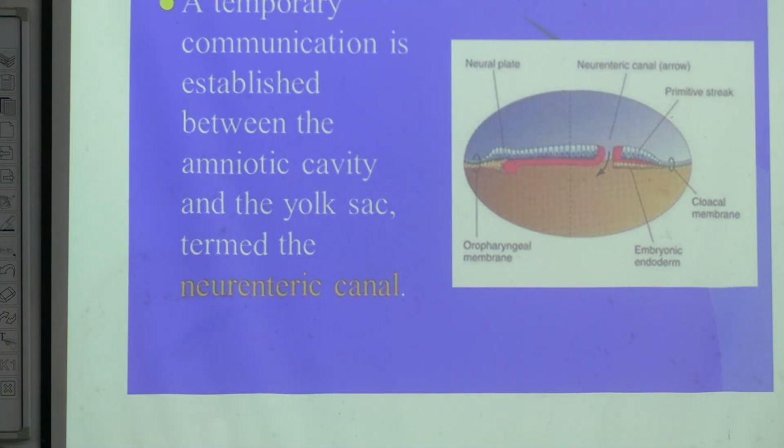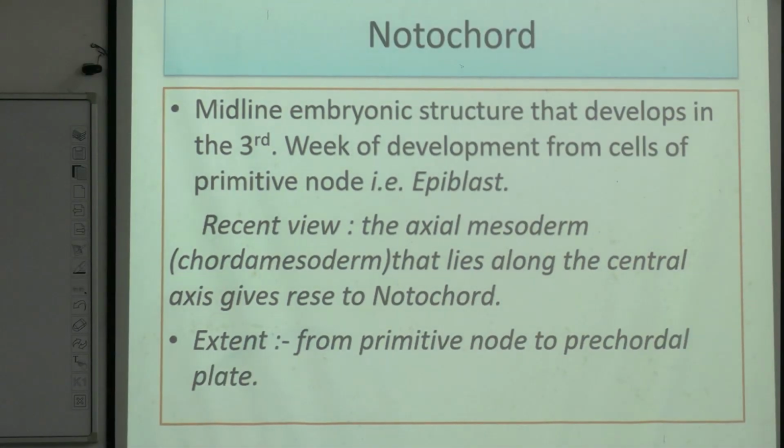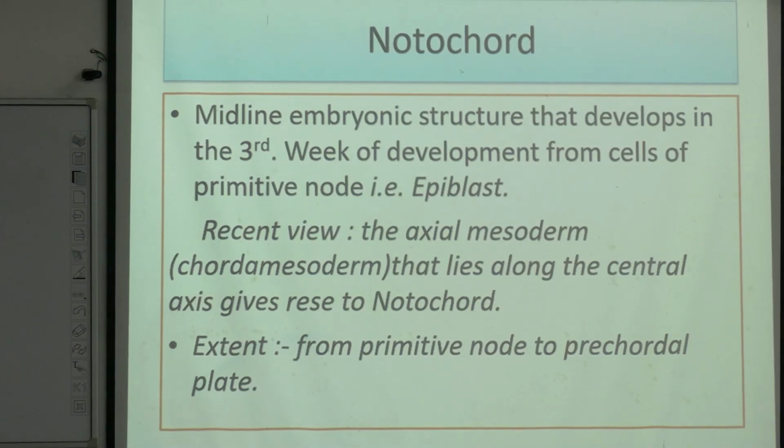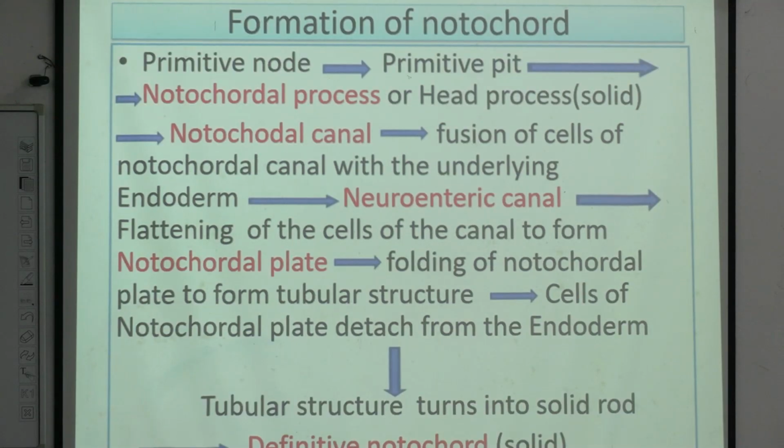This is the primitive node connection. Midline embryonic structure that develops in the third week of development from cells of the primitive node or epiblast. Leave this recent view. Now it says it comes from axial mesoderm. From primitive node to prochordal plate extend.